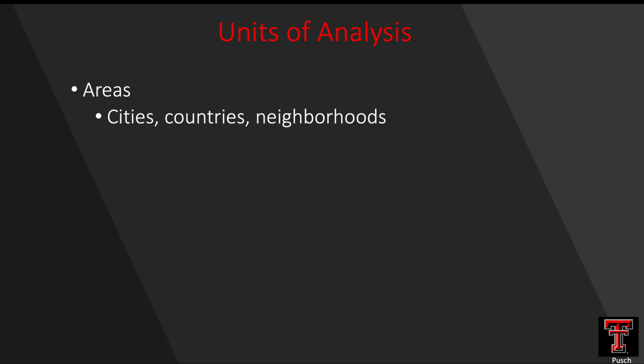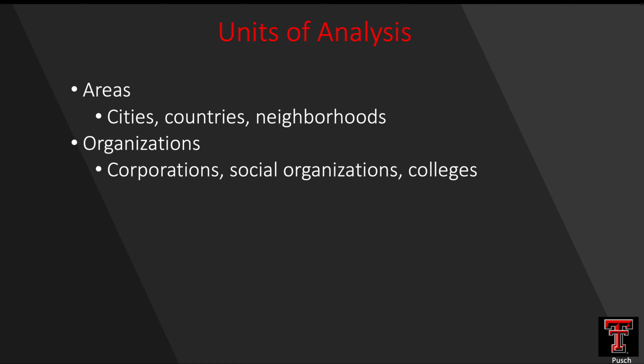It could be areas, so cities, countries, neighborhoods. So a lot of research that looks at crime rates looks at areas. So generally when you see the term rate, it's going to be over a specific area, whether that be cities, countries, counties, neighborhoods, whatever. Organizations.